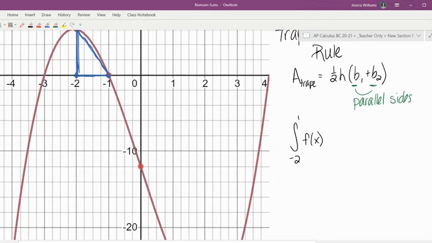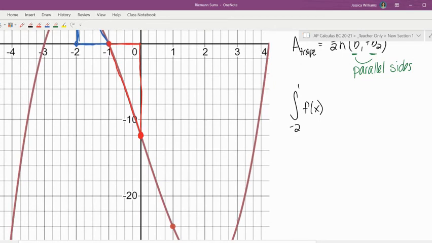Then I'm going to do it again. I'm going to start at -1 and go to 0. Here's that base value. Here's that base value. Connect the dots. I made a trapezoid. This one's going to actually look like a trapezoid. You'll like this one better, maybe. Start at 0, go to 1.